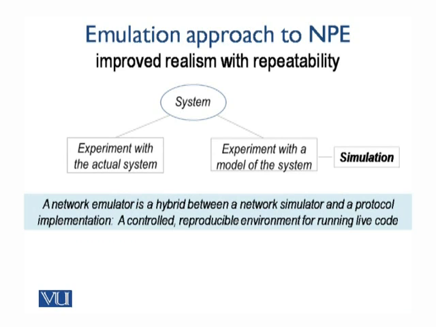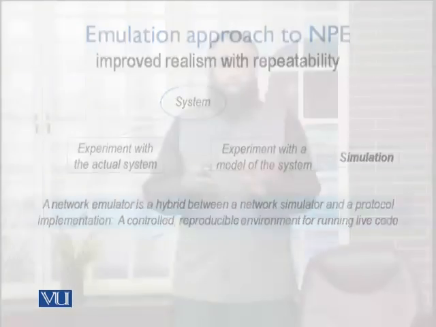And because we are making use of elements of the network simulator, it gives us a more controlled, reproducible environment for running live code. So if we're using an emulator, we can make use of the protocol implementation that we have designed ourselves. And let's imagine that this thing is at the application layer.